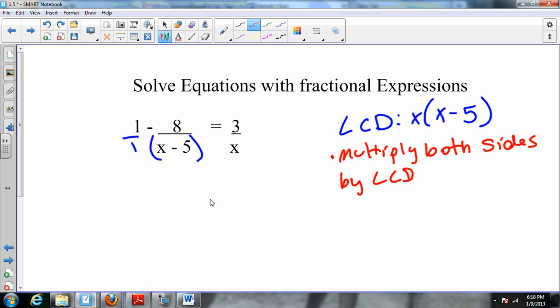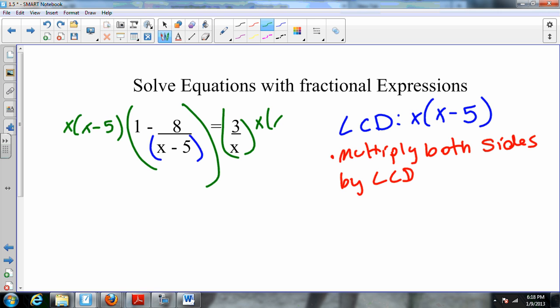Now when I do this, you put parentheses around this because they both need to get multiplied by x times x minus 5. We have x times x minus 5 times 1.